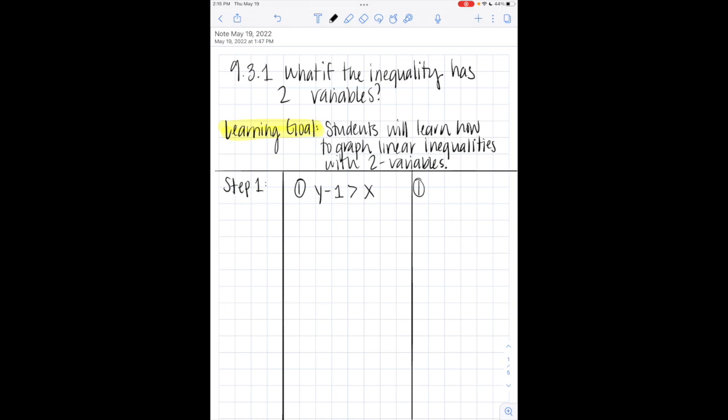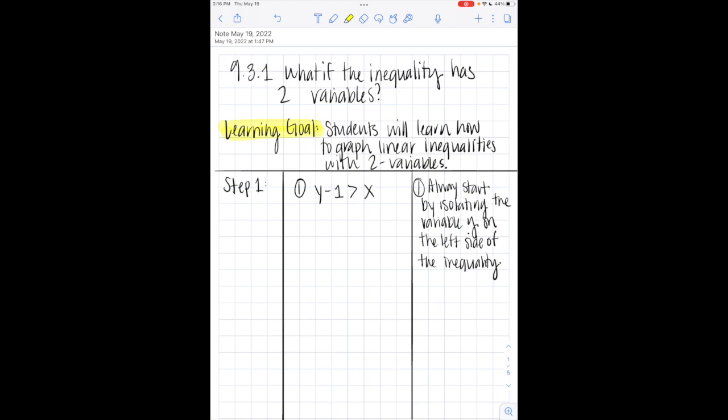The first step is always going to be to always start by isolating the variable y on the left side of the inequality. So again, always start by isolating the variable y on the left side of the inequality.